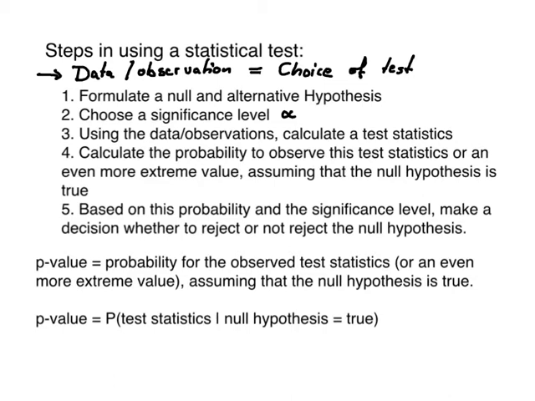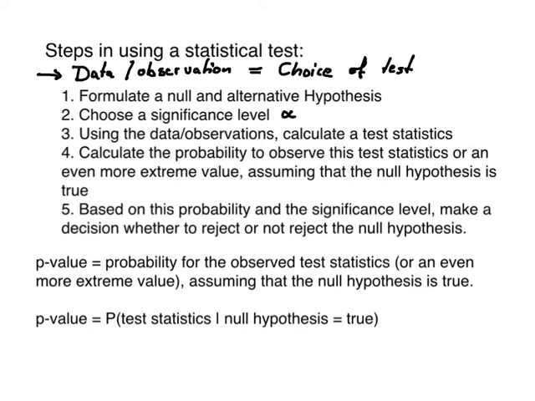I also wanted you to say something about a p-value, and again, to make this very clear, a p-value is the probability for the observed test statistic, or an even more extreme value, assuming that the null hypothesis is true.